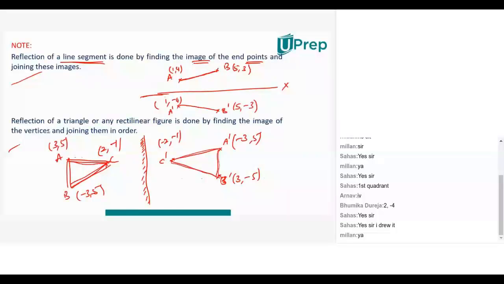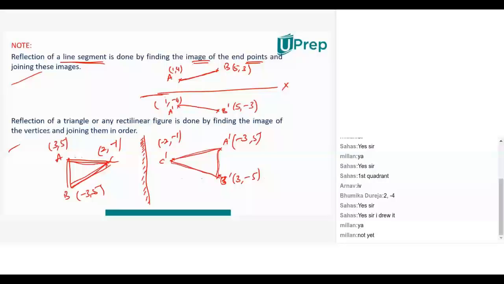Milan completed. Can we move ahead? Yeah, write down slowly, no problem. Write down. Bhumika completed. Yes, sir, completed.